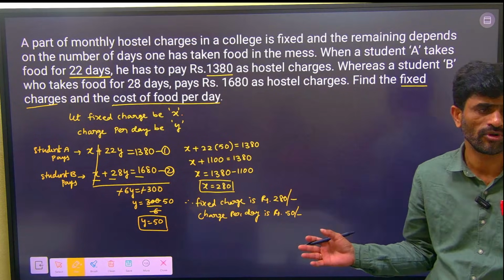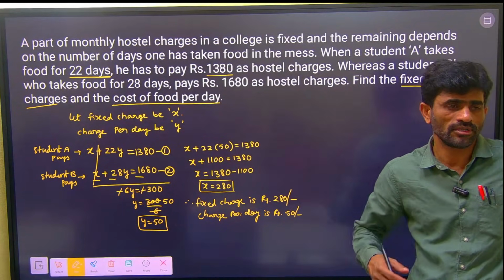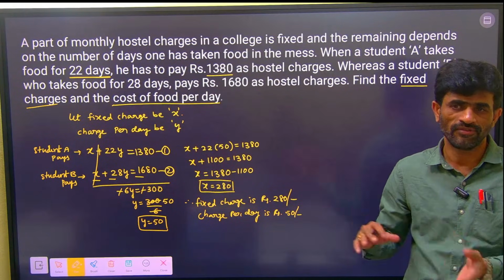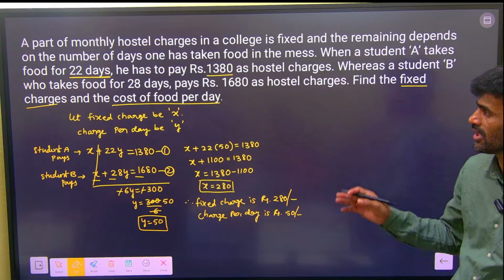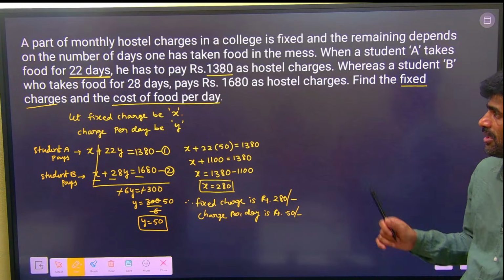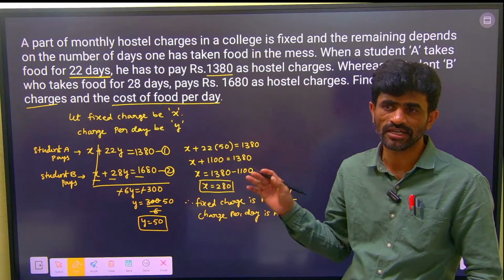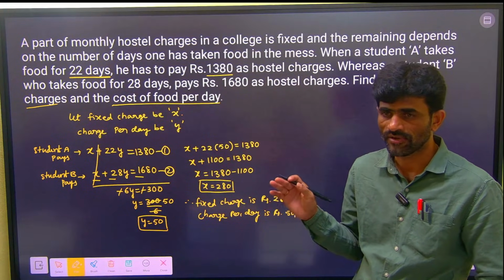And this type is simple only, but not only this. Sometimes, as I told you, charge per day, charge per kilometer, fixed and varies per day or per kilometer. Whenever it comes you can do like this. But sometimes one change will be there: the fixed charge will not be just fixed like that, it will be fixed for the first 2 days or first 2 kilometers.